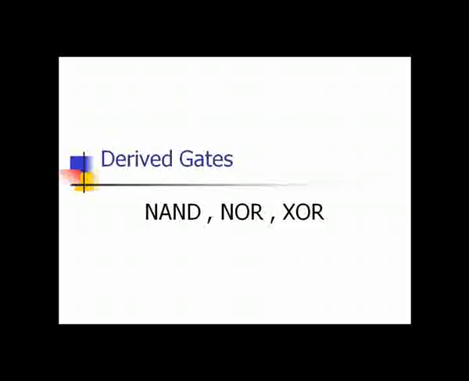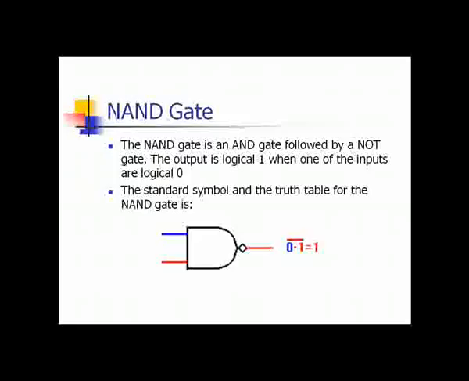Whatever inputs are given across these two terminals will be ANDed first and then the output is inverted using this NOT gate, and hence we get the output across the output terminal. For example, a logically high output is obtained when any one of the input terminals is equal to 0. So this is the logic symbol of NAND gate.